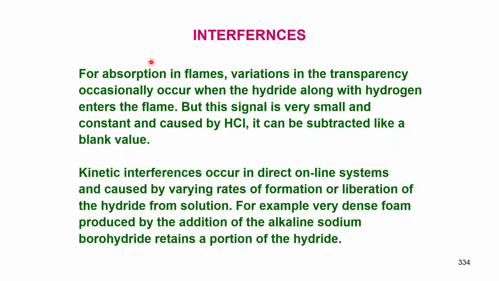See, most of the time we feel that atomic absorption is specific for the element which we analyze, but we have also seen in flame atomic absorption there could be a number of interferences, spectral interferences and non-spectral interferences, all of which we have discussed earlier.